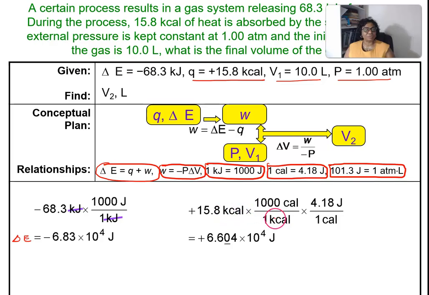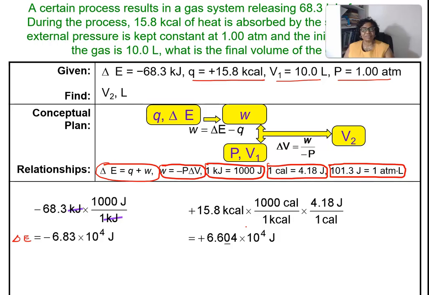So kilojoules to kilocalories to calories, then to joules. So this is what we have. Plus 6.604 times 10 to the 4 joules.